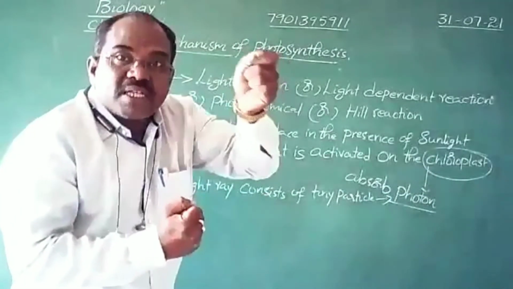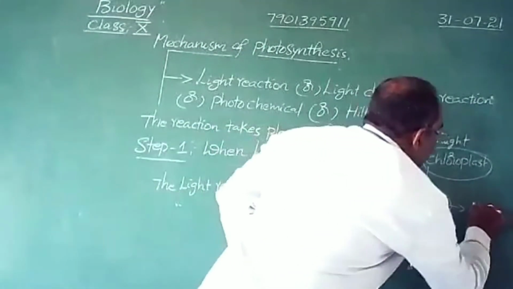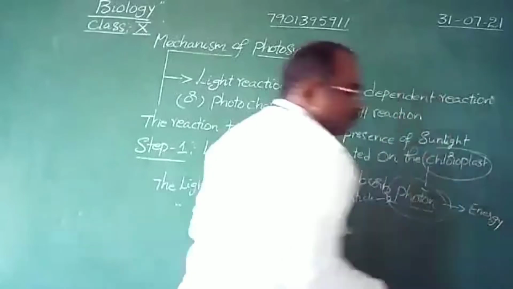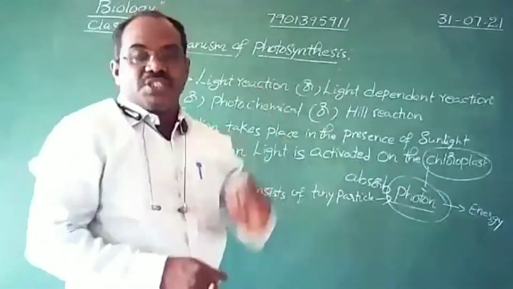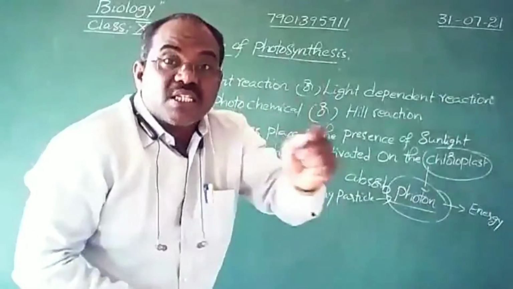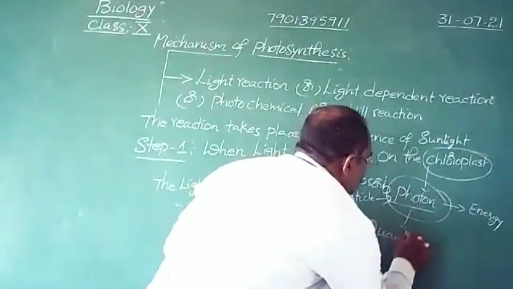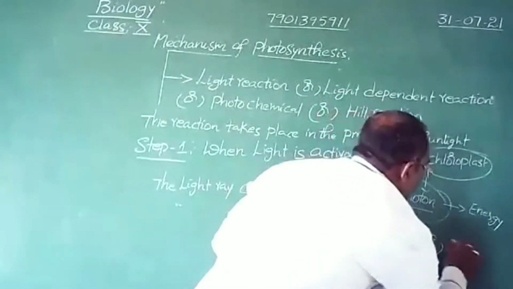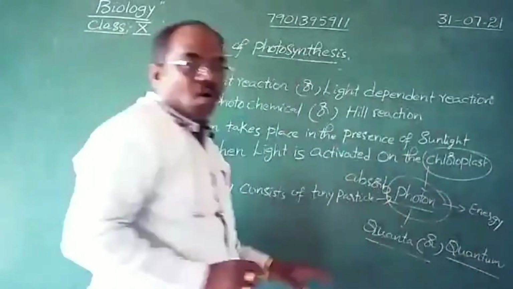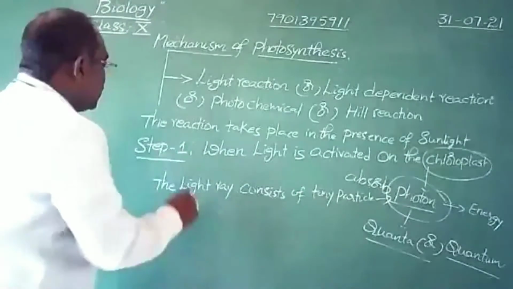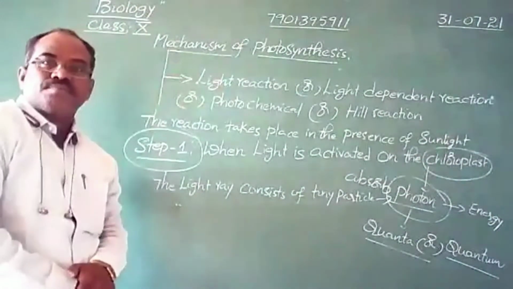The energy present in the photon, which energy? Light energy. The light energy present in the photon is called quanta or quantum. This is step 1 of the light reaction.